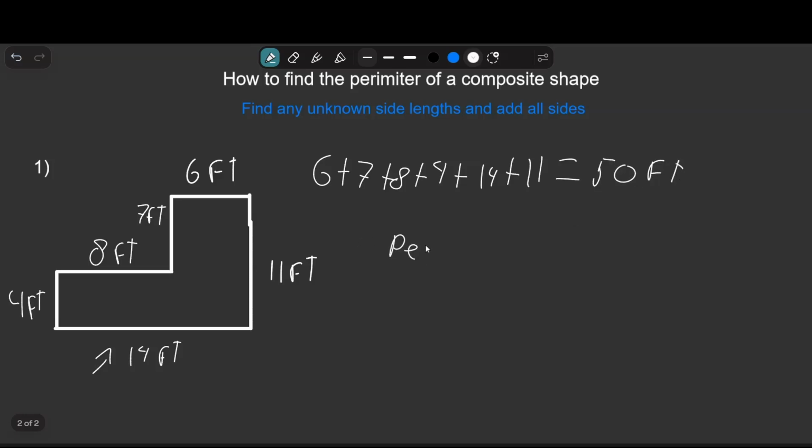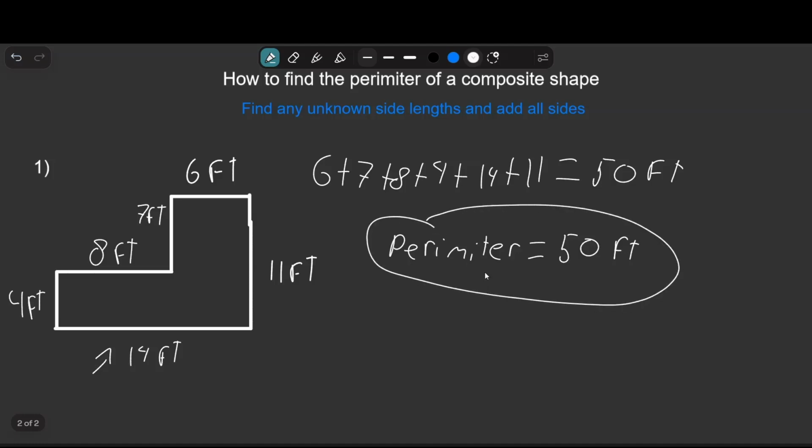So our perimeter will be 50 feet. Oh, my bad. Our perimeter will be 50 feet. So this was the first example how to find the perimeter. I'm gonna draw another one for you guys, and we'll do that one also.